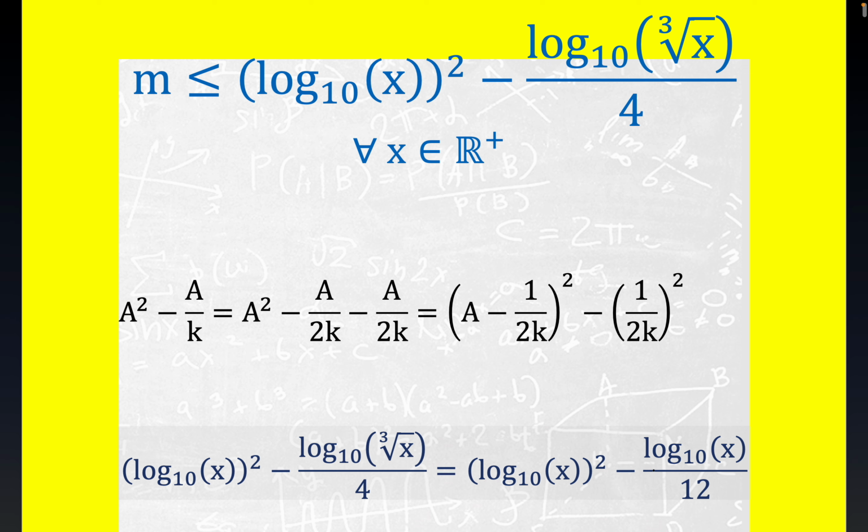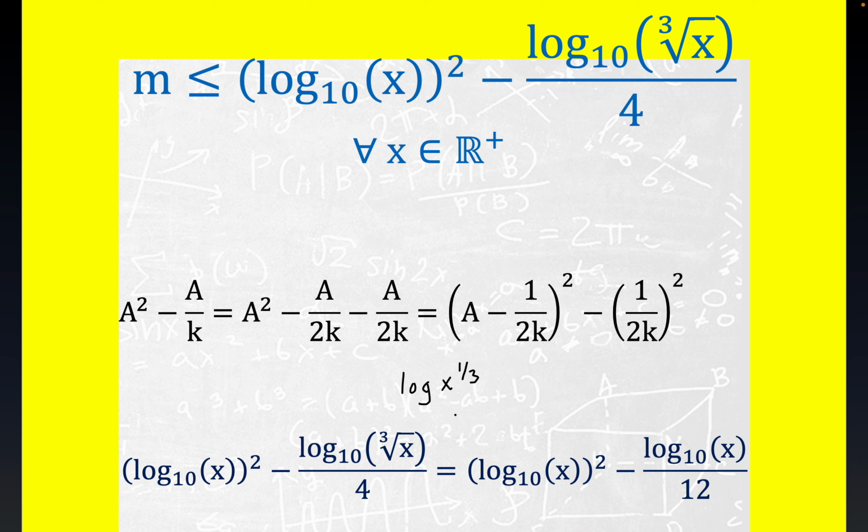Now, I didn't write down the justification right here, but I'm sure a lot of you see that this term right here, well, I'll just write it down. And I'll drop the 10 because when you drop the base, it's understood to be 10. But this is the same thing as log of x to the 1/3. And folks, again, I'm talking about only the numerator here.